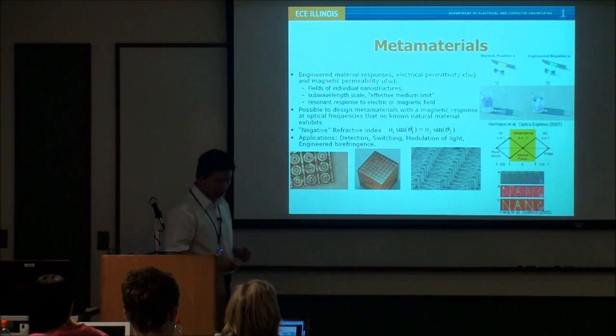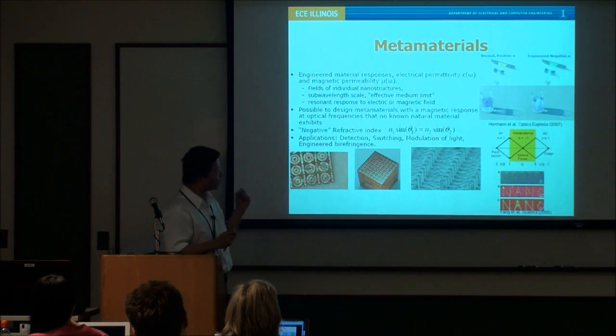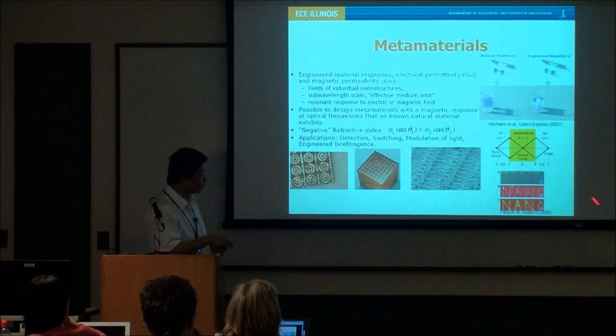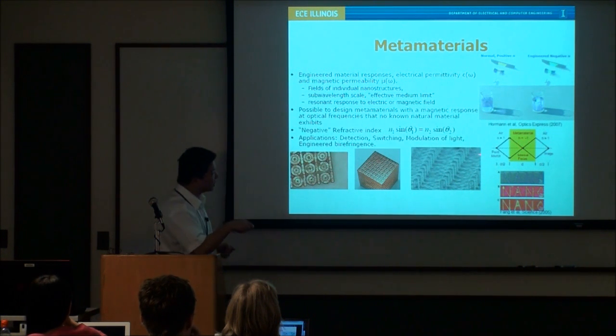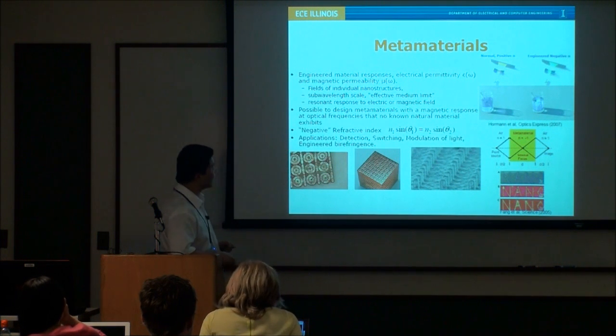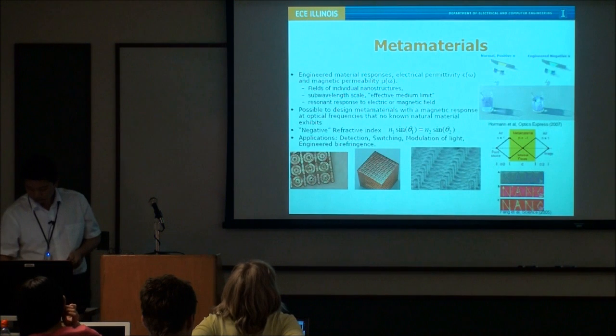Okay, this is basically imaging an object, a point source, without an actual lens. This is completely a flat surface. But you can still form an image at the other end because now you have a so-called negative refractive index that can basically bend the light in very different ways.